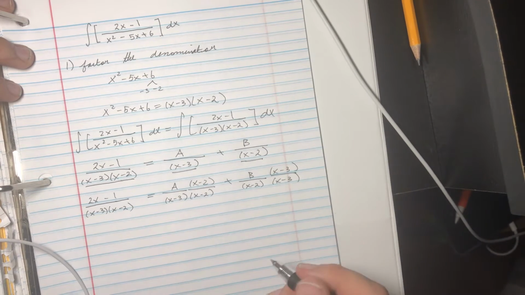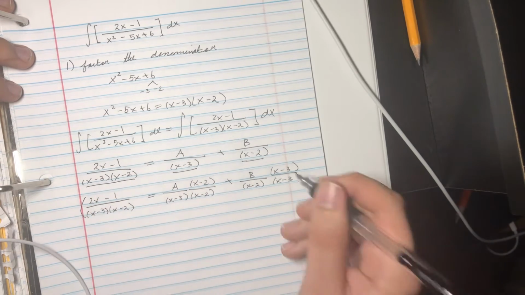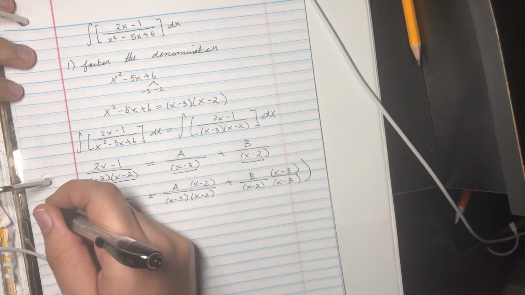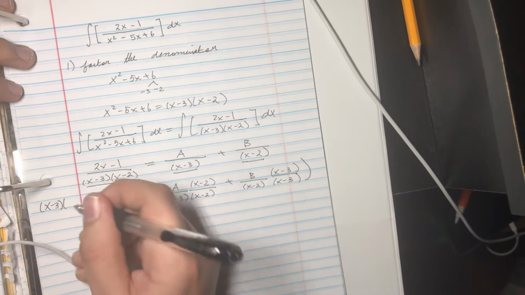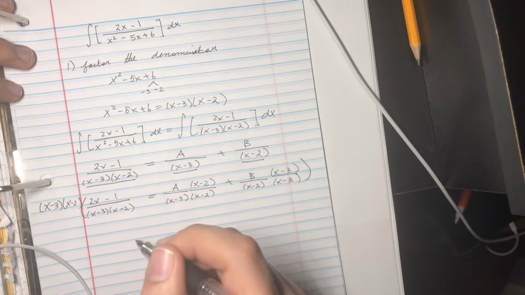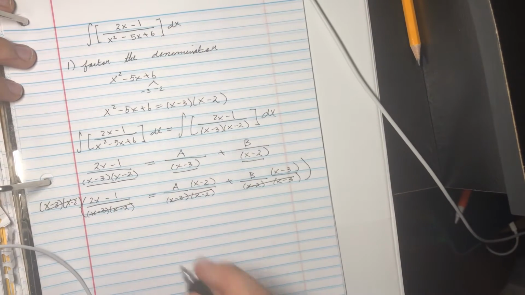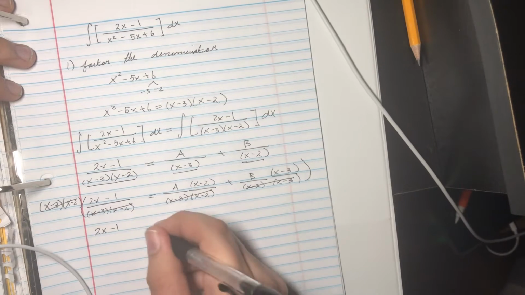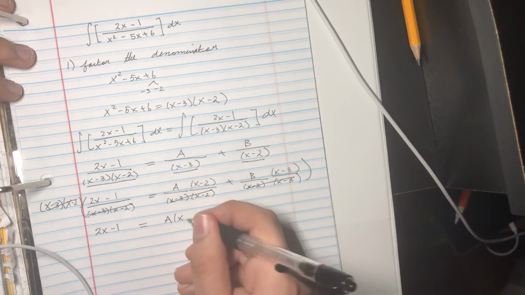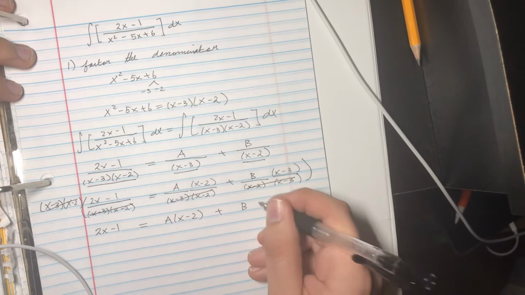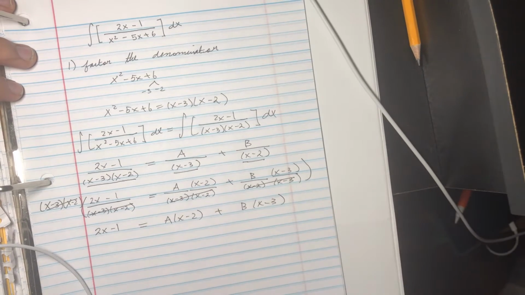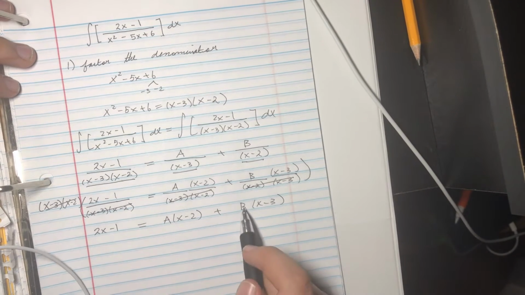So what we can do is multiply this entire equation by x minus 3 times x minus 2, because whenever we do this, it cancels out all of these terms. So we're left with 2x minus 1 is equal to A times x minus 2 plus B times x minus 3. Cool. Now we have a simple equation that we can use to solve for A and B.